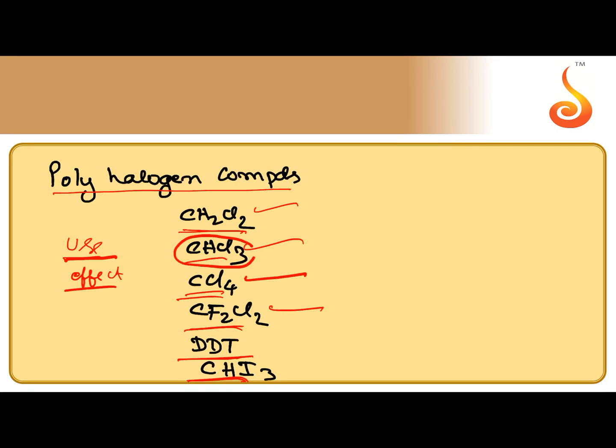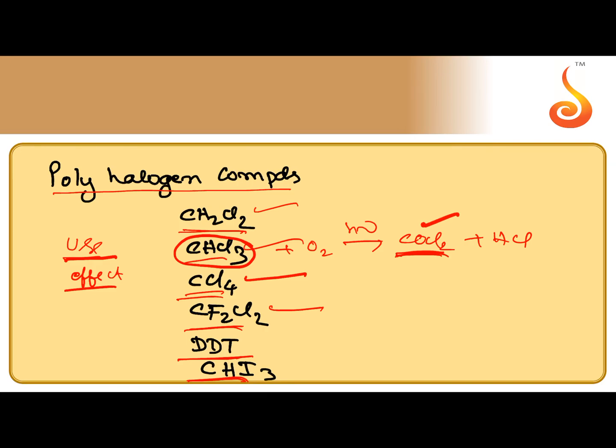Among all these, chloroform is very important, because when chloroform is kept in an open vessel in the presence of sunlight, it undergoes oxidation to give carbonyl chloride. Chloroform was used as an anesthetic agent. If the bottle of chloroform is opened and oxygen enters in the presence of sunlight, oxidation takes place producing phosgene, carbonyl chloride.